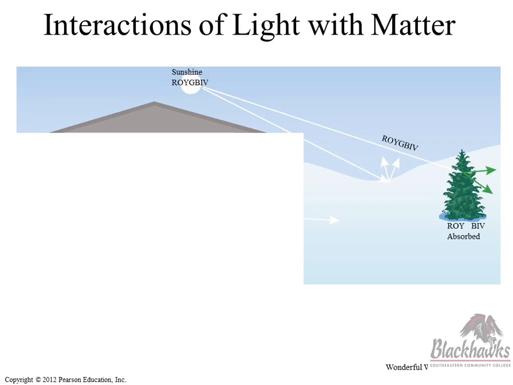It absorbs everything, exactly. Black absorbs everything, and that means it absorbs Roy G. Biv. White light, or something white, will actually reflect Roy G. Biv. And it will absorb nothing.